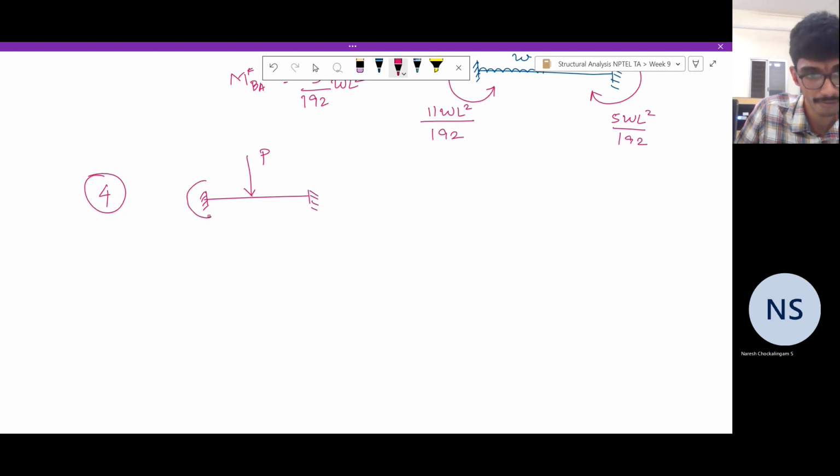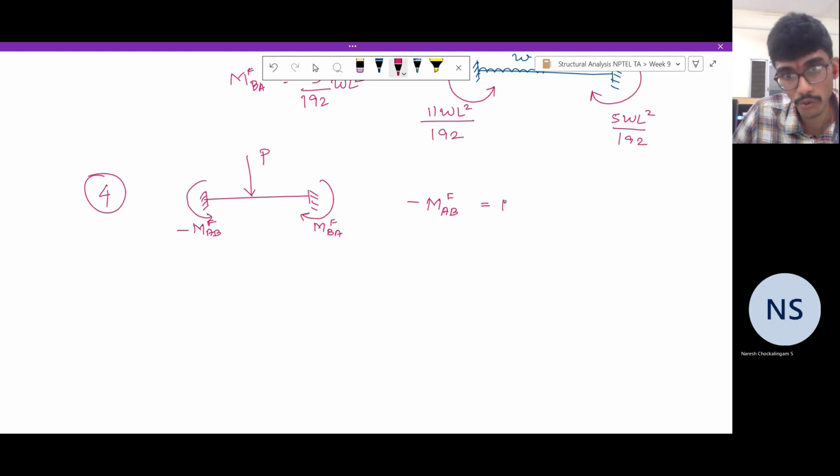So here, if you have a moment MAB, this is in the anti-clockwise direction, so this is minus MABF. Here you will have MBAF. So the relation is MABF minus MABF is equal to MBA. So let it be equal to some value, say MF, fixed end moment.